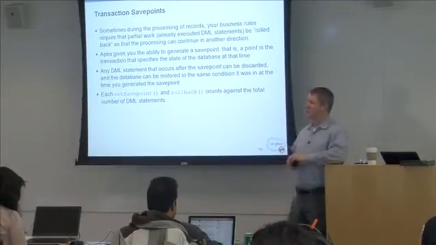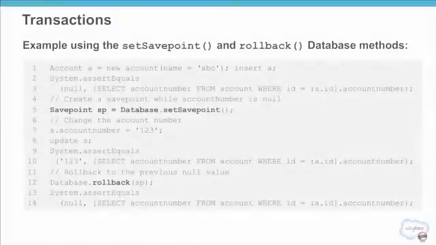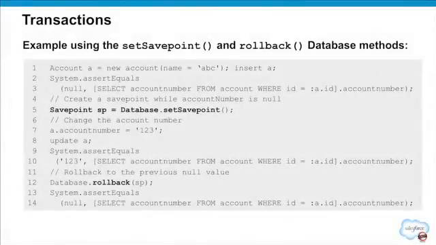Now we can control that using savepoints. What savepoints give us is the ability to identify our own transactional boundaries within our code. Let's take a look at the way that this works. There is a setSavepoint method associated with the Database class.